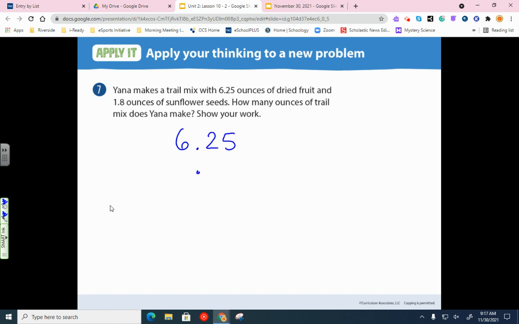I do my decimal point first, and then I'll put my 1.8. If you must, you can always put a 0 there if it bugs you that there's empty space there. Let's add our hundredths, add our tenths. That gives us 10. So bring down the 0, carry the 1, bring down your decimal, and you have 8 and 5/100 ounces.